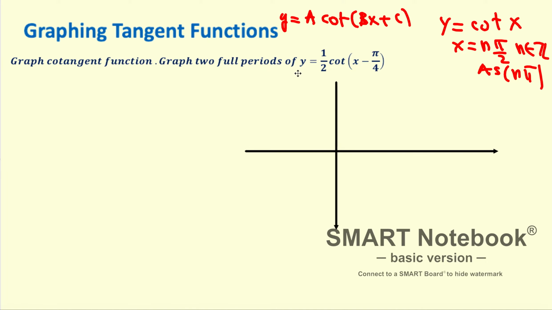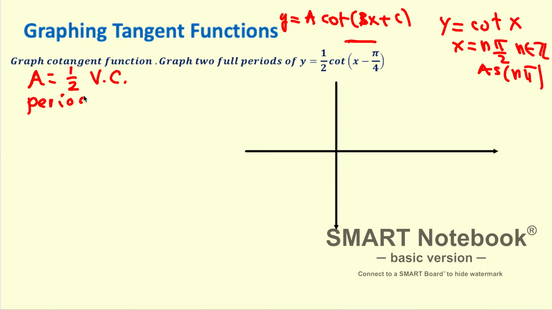But now let's analyze this function. If we are looking at a, it signifies the vertical stretch or compression, but in our case we have 1.5, which means we have a vertical compression. And here inside, let me see the period.